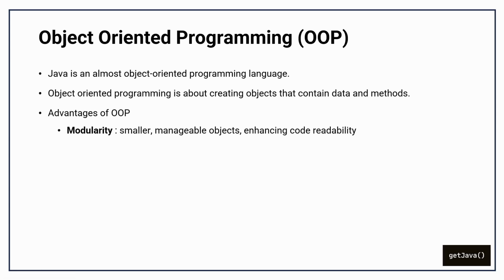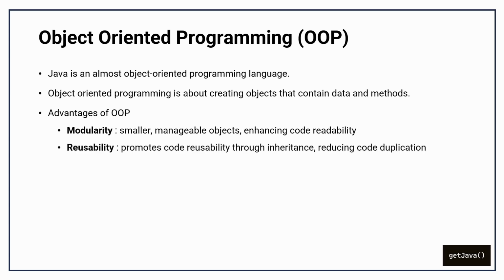So instead of writing all your code in one place, making it complex to read, we can create smaller manageable objects which will help in enhancing code readability and maintainability. Next point is reusability. It promotes code reusability through inheritance, reducing code duplication. So by using objects, we can reuse the same code and reduce code duplication.